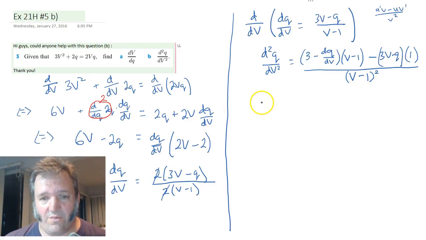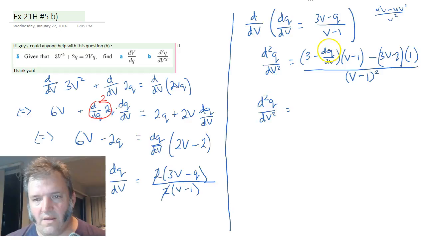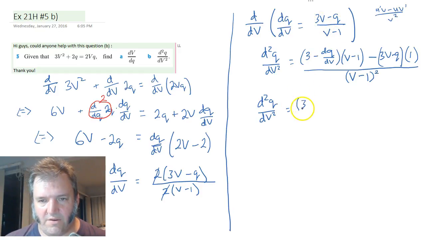Here we go. Let's simplify this. d squared q over dv squared. What was dq/dv? Oh, we already had an expression for that, didn't we? It's 3v minus q over v take 1. So I'm going to substitute that in. So it's 3 minus (3v take q over v take 1).